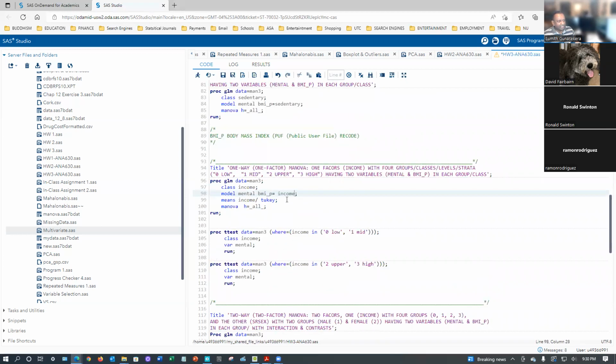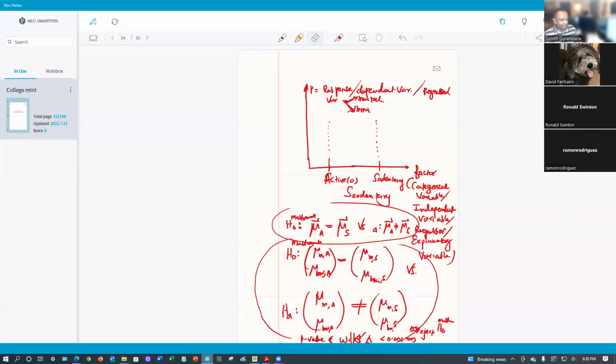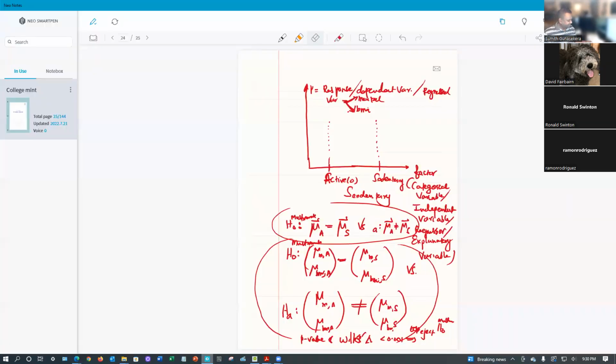But I'm trying to tackle the same 2 variables. So this time we have 4 levels for my independent variable. I have 4 levels.